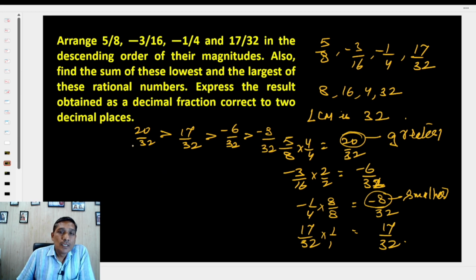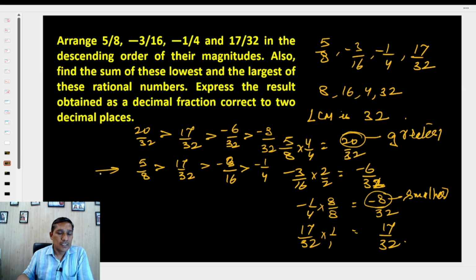Then I had, then in the third place I have minus 3, that is minus 3 by 16, and the last number is minus 8 by 32 or minus 1 by 4. This is the correct answer of the descending order of these numbers.